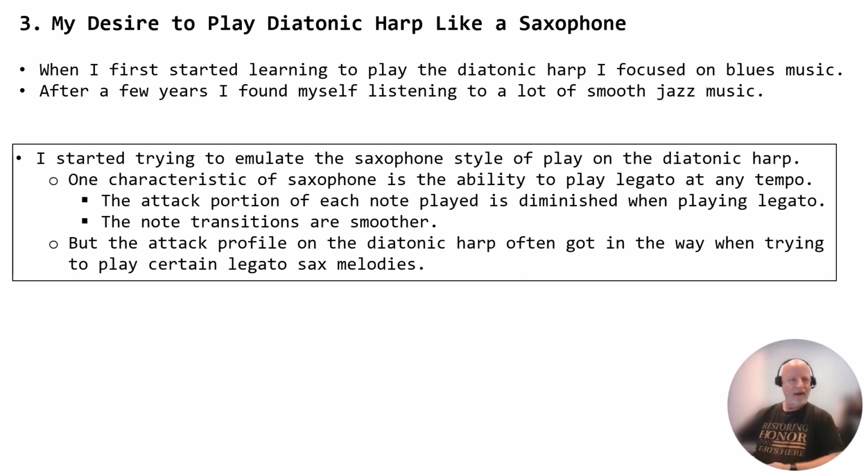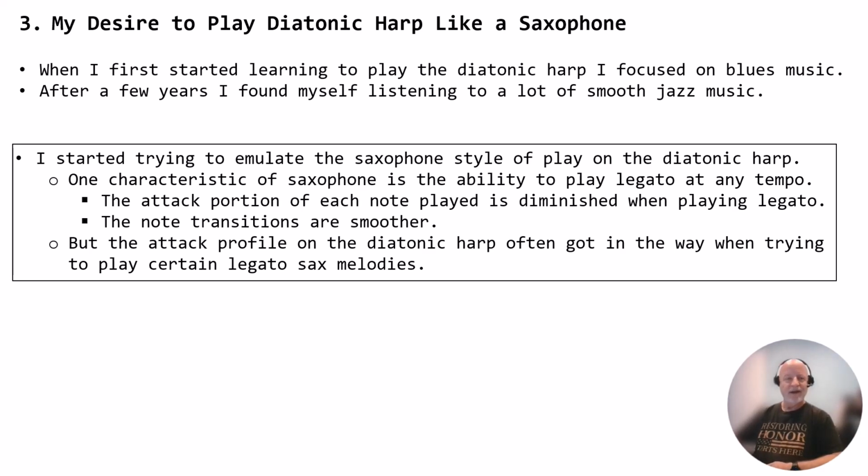So I naturally started trying to emulate this, how a saxophone style of play could be achieved on the diatonic harmonica. Now, one characteristic of the saxophone is the ability to play legato at any tempo. Legato means smooth. The attack portion of each note is diminished when you play legato, so the note transitions are much smoother.